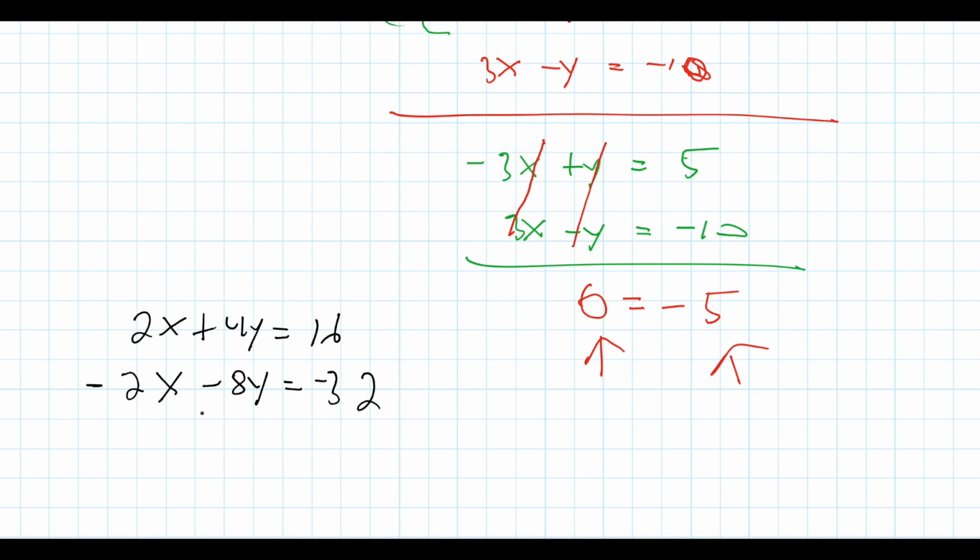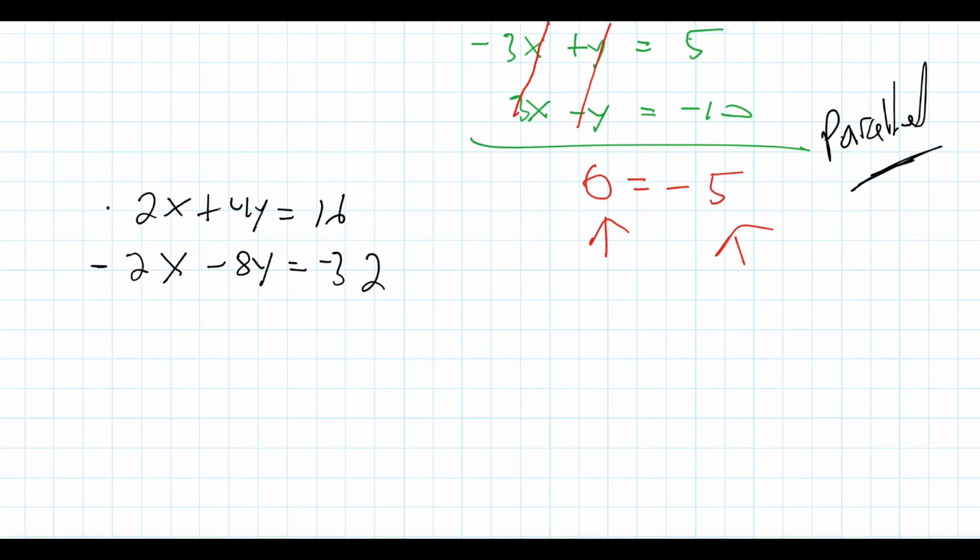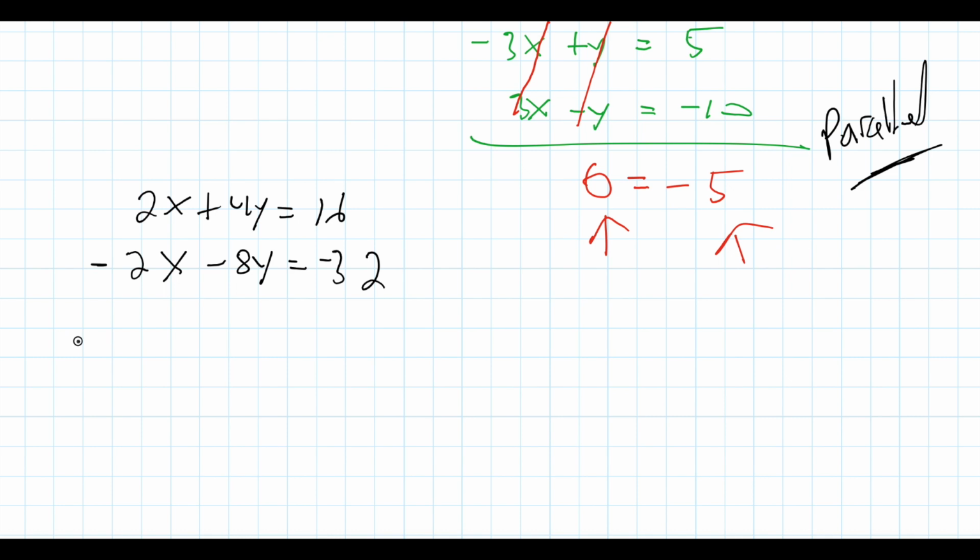All right, let's do a system on this situation right here. Just cancel out the 2's. Bam. Then it becomes negative 4y, and negative 16 equals negative 16.